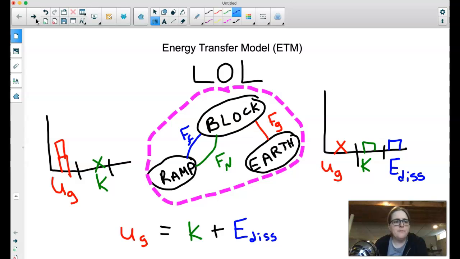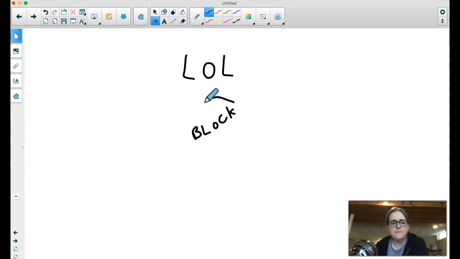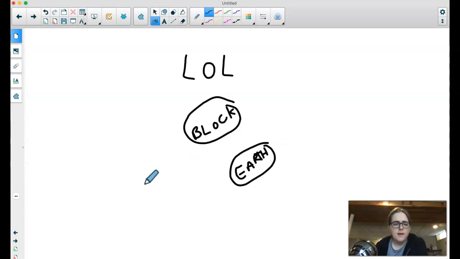Now, for the sake of this model summary, I want to look at this same scenario, but with a different system. So again, I'm going to start with my interaction diagram. So I've got my block, I've got the earth, and I've got my ramp.